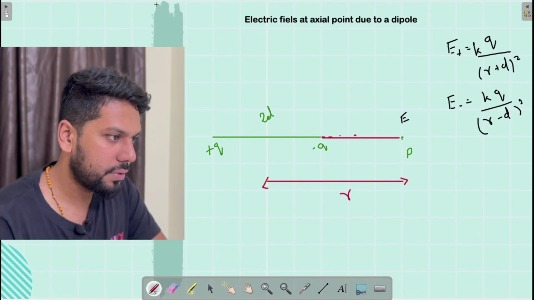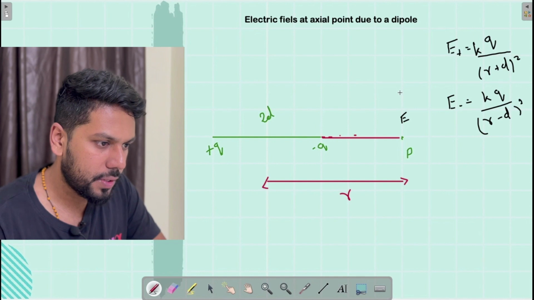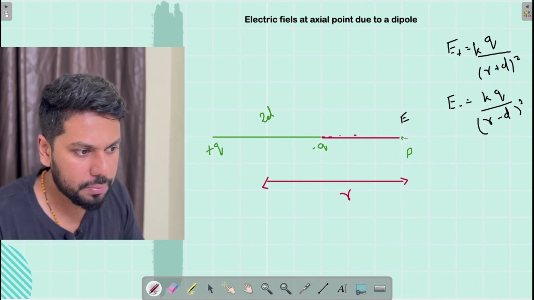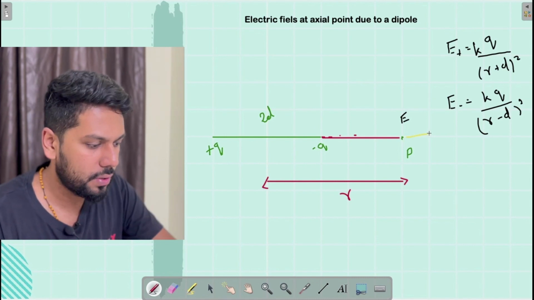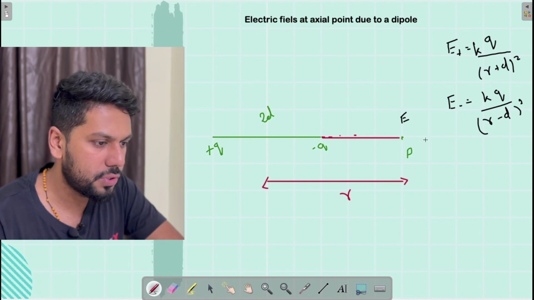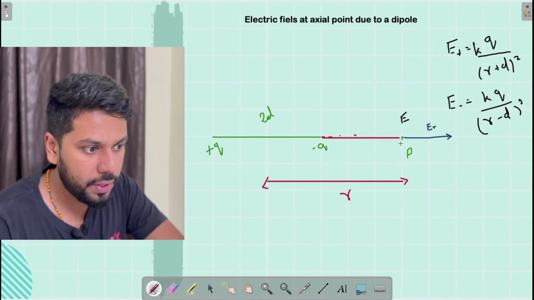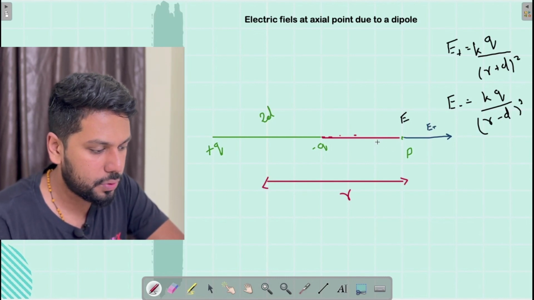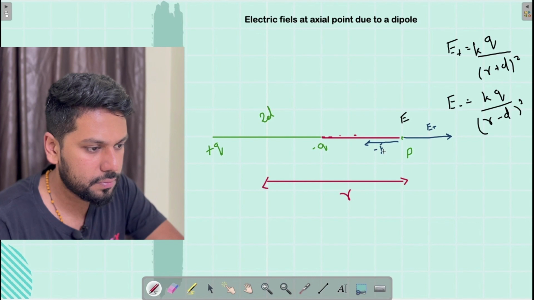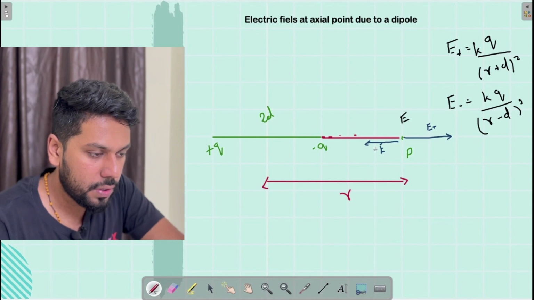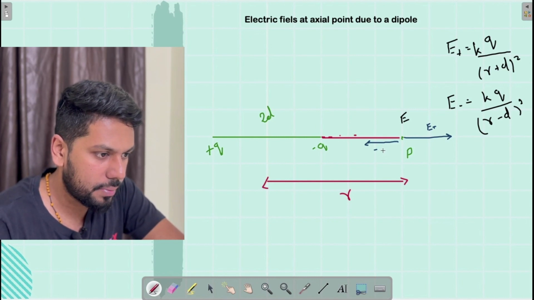If I consider this point, I know that my electric field vector due to the positive charge, E plus, is going away in this way, and E minus is going towards this way.